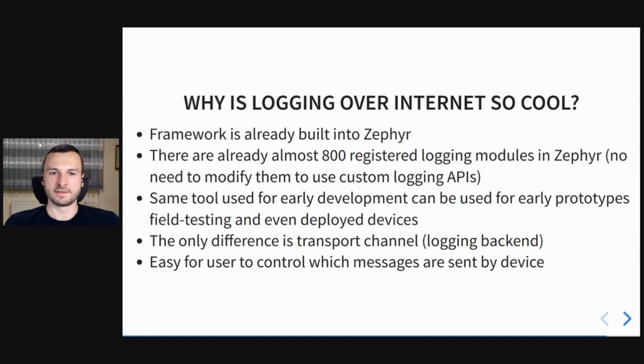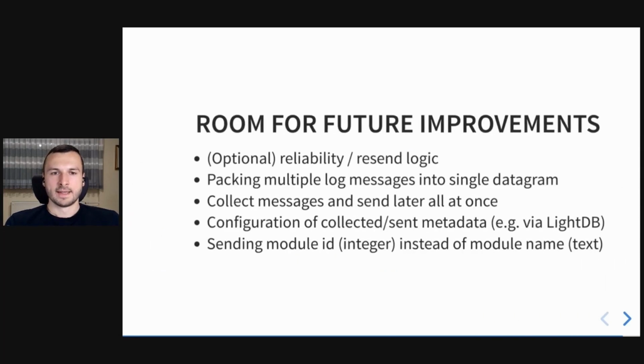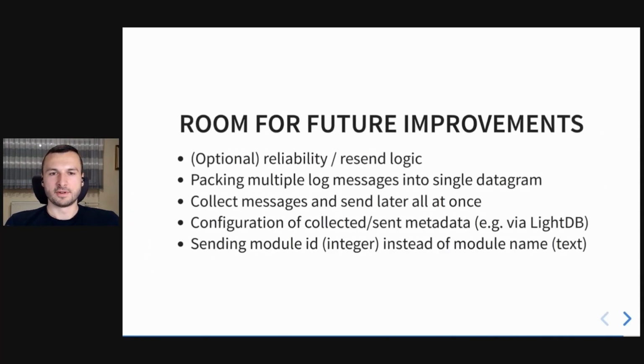And this gives us more capabilities because the log messages are stored, so we can view the history of the log messages. The logging over the internet can be easily controllable, and the logs can be filtered using the logging filtering capabilities and, for example, ancillary services such as Golioth LightDB. And there's still room for future improvements.